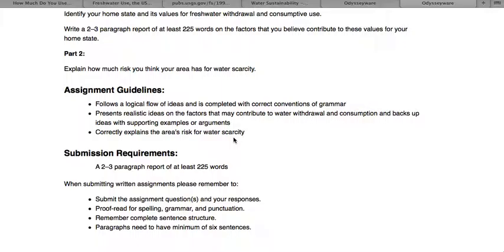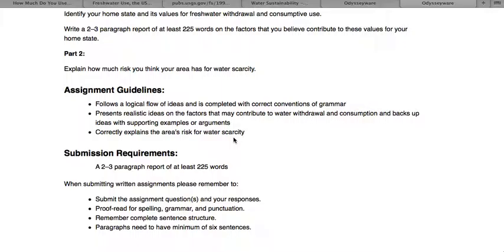If it's more, it's not a big deal. But if it's one or two sentences, obviously we're going to have a problem. So let's make sure that we at least meet the requirements of 2 to 3 paragraphs. Submitting the assignment with the questions and your responses, I'm not worried about that. As long as you accurately address part one and part two, if you want to break it up in your paper, part one and then a paragraph or two, and then part two and a paragraph or two, I'm okay with that.